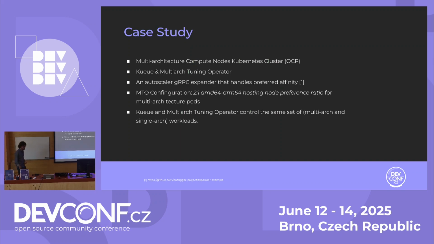It also runs an autoscaler gRPC expander that allows the autoscaler to consider what's stored in the preferred affinities of the pod specifications, so that another configuration of the Multiarch Tuning Operator tries to let the cluster autoscaler provision more ARM64 nodes than AMD64 with a 2-to-1 ratio. Let's think about it as a way to save costs for your infrastructure. Kueue and the Multiarch Tuning Operator run and control the same set of workloads.